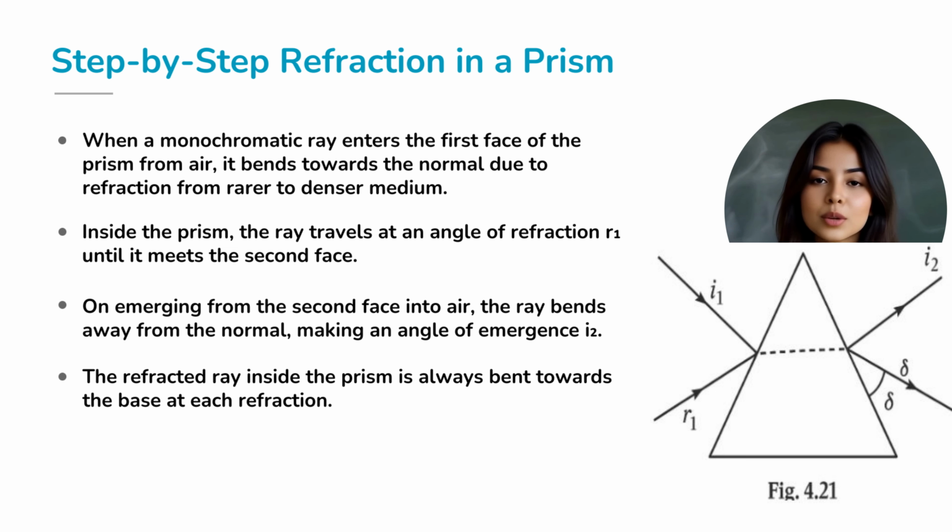Here, it moves from glass back to air, a rarer medium, so it bends away from the normal, making an angle of emergence I2. No matter how the ray enters, one thing is constant: the refracted ray inside the prism is always bent towards the base. That's why in the diagram, the light path appears tilted towards the bottom side of the triangular section.